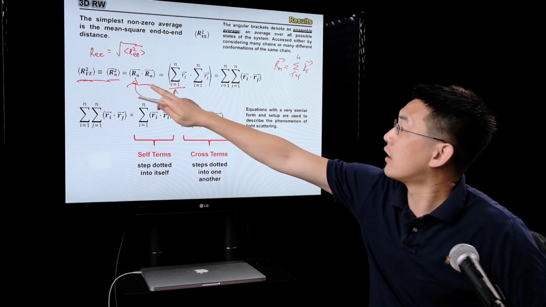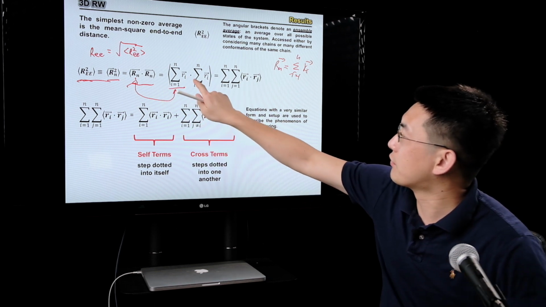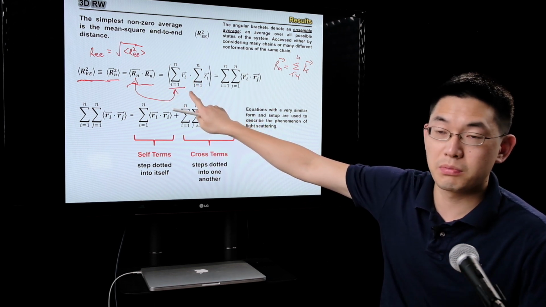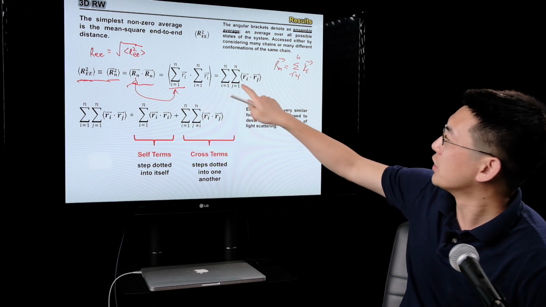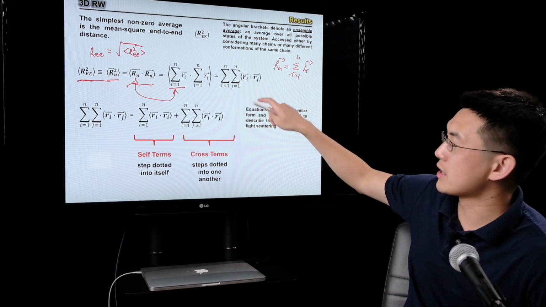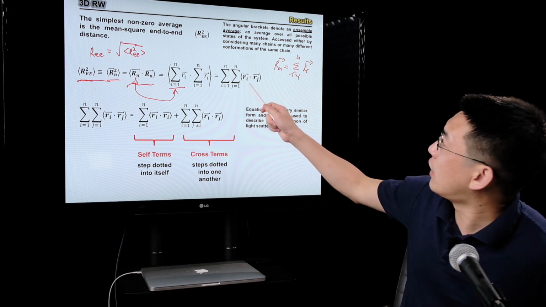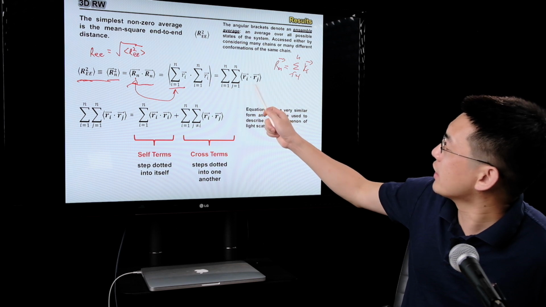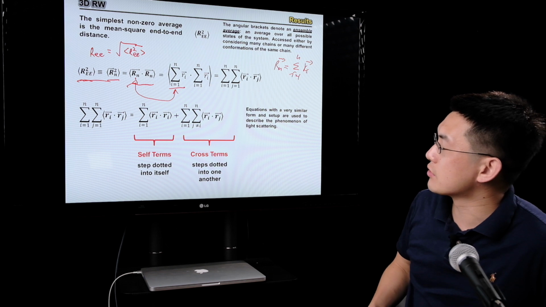So Rn will be equal to R1 plus up to Rn. Then if you use the dot product to multiply Ri by another Ri, you will end up with another mathematical form. That means it's a sum of Ri dot Rj, with i from 1 to n and j from 1 to n.